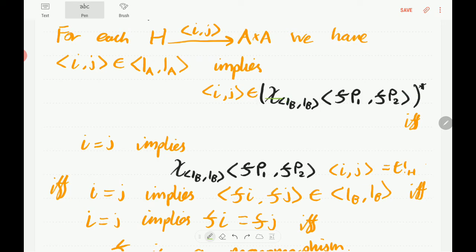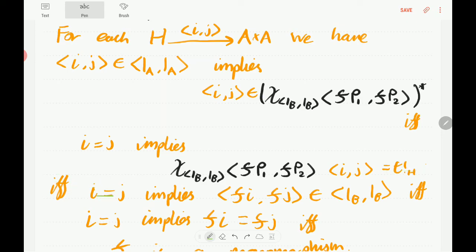But another way to say that is that this thing inside the brackets, which is the classifying arrow of the subobject, doing this after I comma j sends everything to true. So this whole statement up here is equivalent to saying that I equals j implies chi of identity B comma identity B after fp1 comma fp2 after I comma j is equal to true after exclamation mark h.